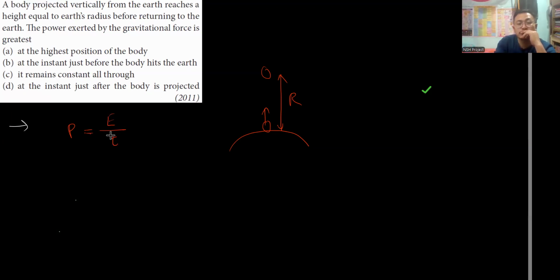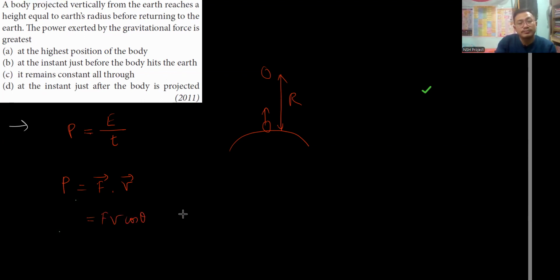Now, power is equal to the dot product of F and V. Now F and V involve cos theta, so power is F V cos theta.